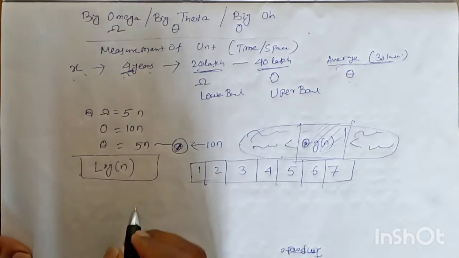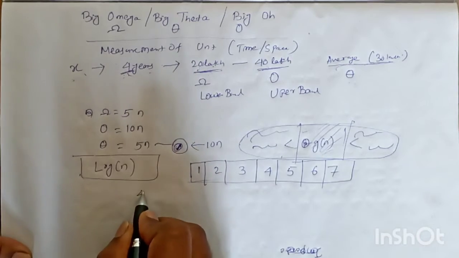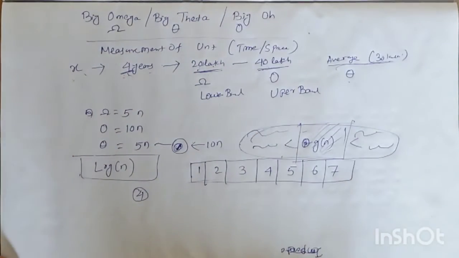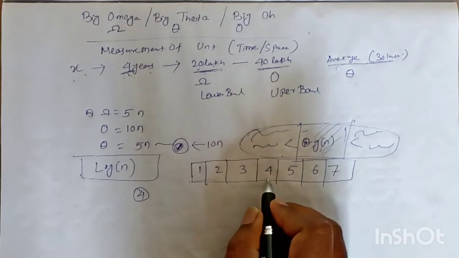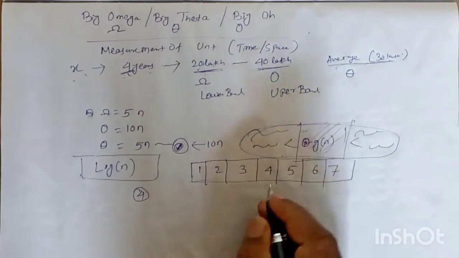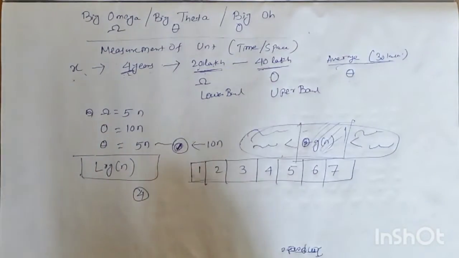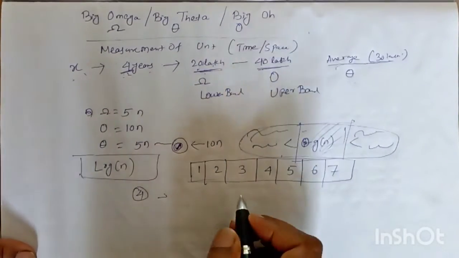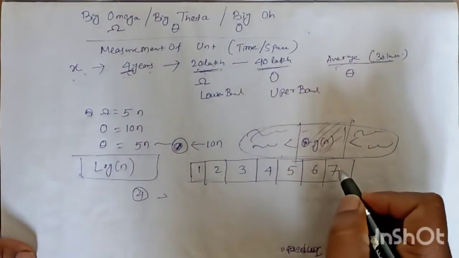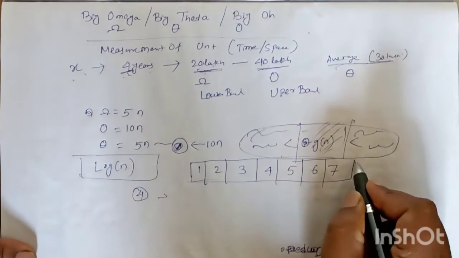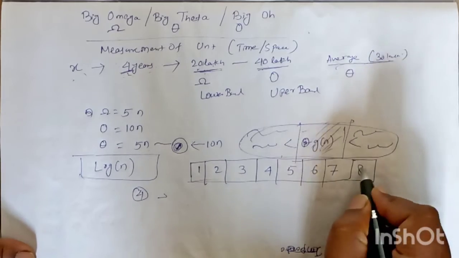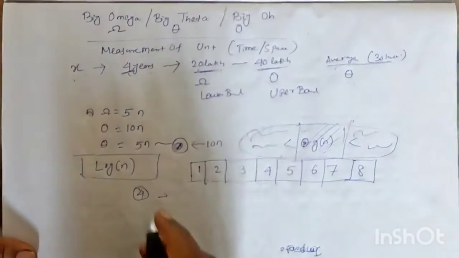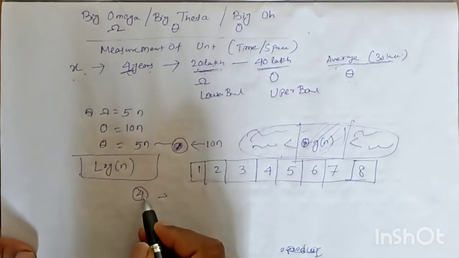If we need to find 4, ideally 4 is the middle element. Actually, let's say it's not 7, let's say it's 8. We have 8 elements, and we need to find 4.